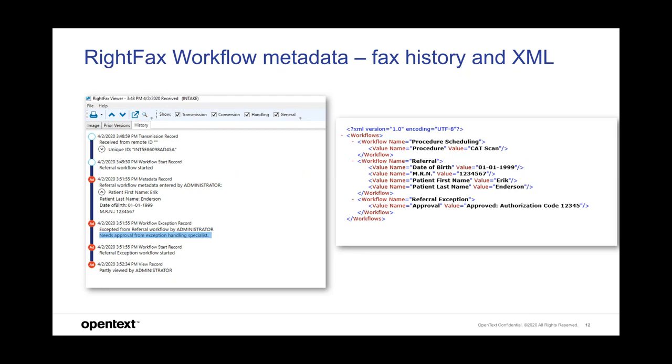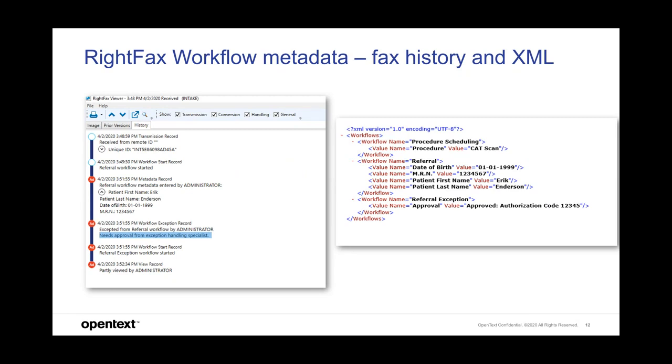The next bubble shows the user that performed a workflow action, right, and the types of data that were captured with that fax, right? So in this case, I could expand this and show that patient first name was entered as Eric, last name Anderson, date of birth, etc. And then I needed an exception, right? And so that was referred from the exception, and then the referral exception was started and then completed, right?